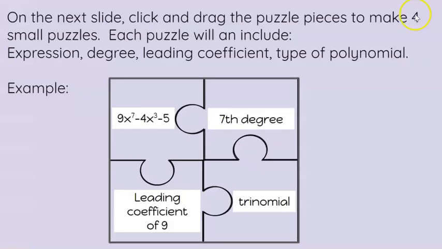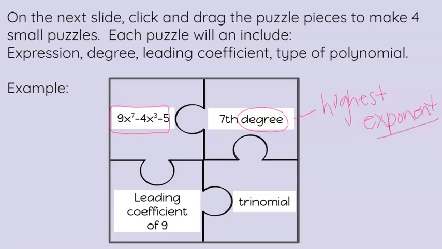All right, so now you are going to practice. On the next slide, you're going to be given puzzle pieces to complete the puzzle. So you're going to classify each polynomial by its degree. So the degree, remember, is that highest exponent.